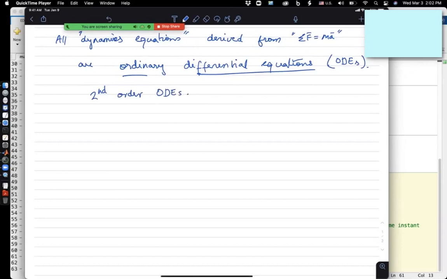Why are they second order ODEs? Space and time. Well, there is space and time, but the second order refers to something else. Because acceleration is the second derivative.